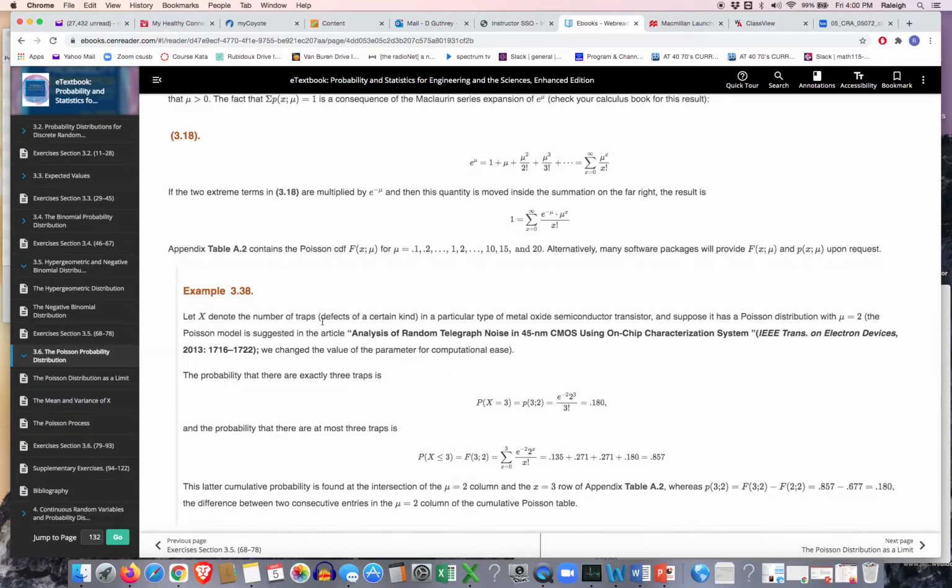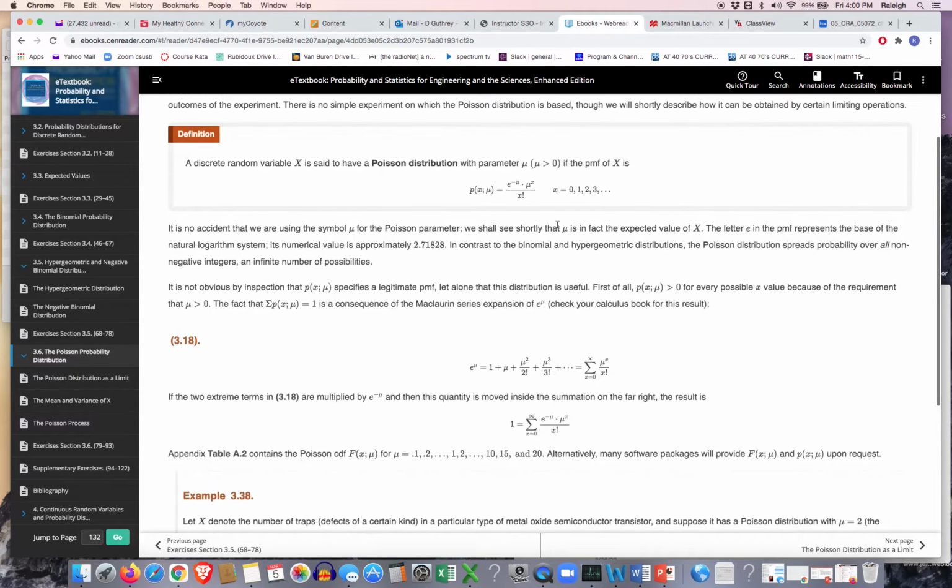Okay, so this example here says x is the number of traps, defects of a certain kind, in a particular type of metal oxide semiconductor transistor, and it's supposed to have a Poisson distribution with mu equals 2. Okay, so the probability there's exactly 3 traps according to the formula, and the formula is back here.